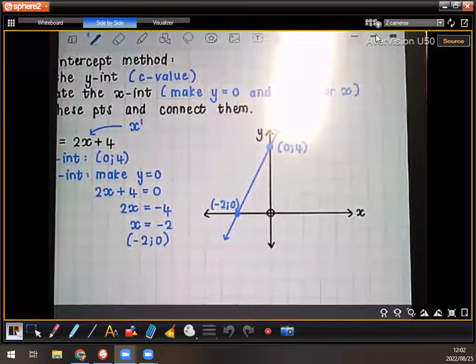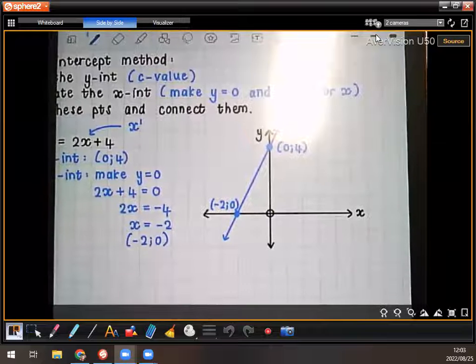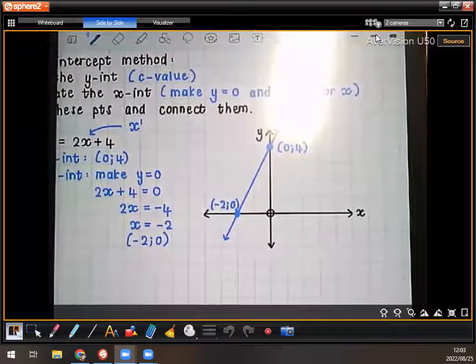Okay, are we done? Not yet. Draw the line across the points. You don't have to use only one line, but you do have to label it.